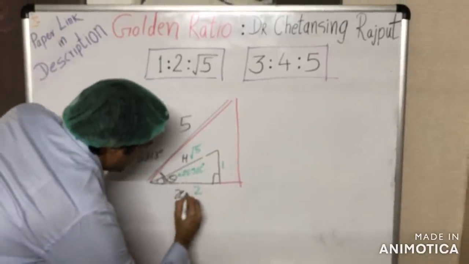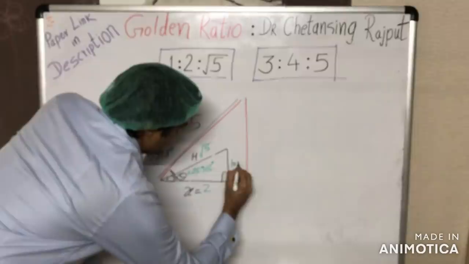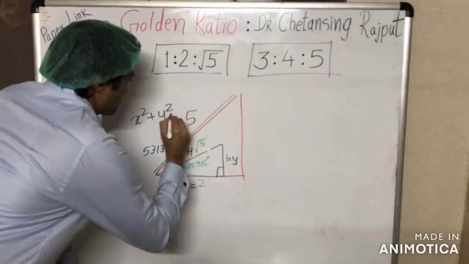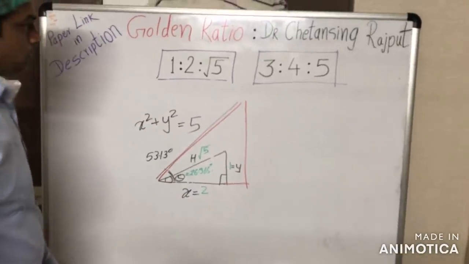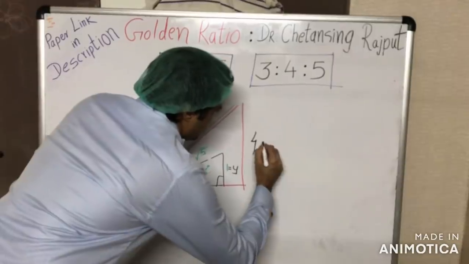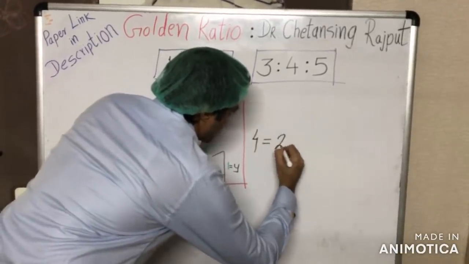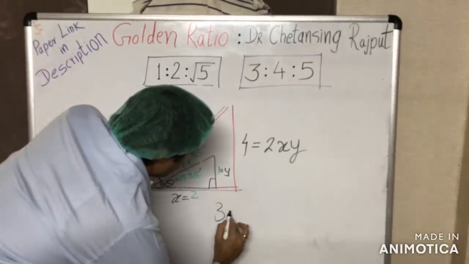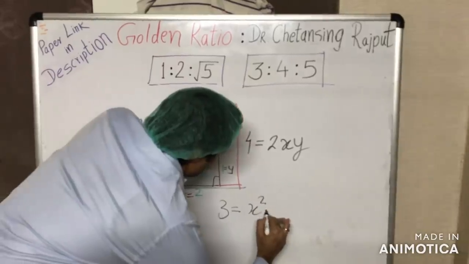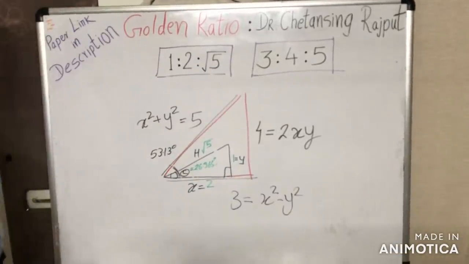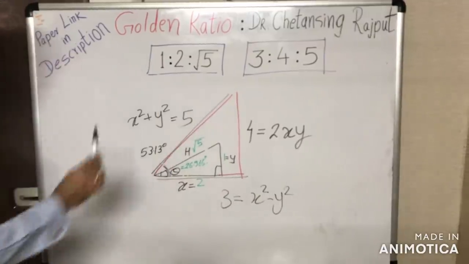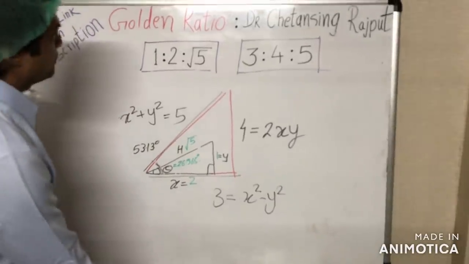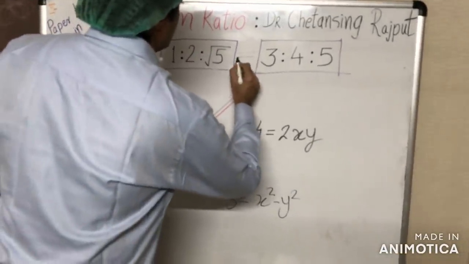If this cathetus is equal to x and this cathetus of the original triangle is equal to y, the hypotenuse becomes x squared plus y squared, which is equal to 5. The cathetus is 4, equal to twice xy, and the other cathetus of the new triangle is 3, equal to x squared minus y squared. Doubling this angle theta, the hypotenuse gets squared, and this is the geometric relationship between these 2 triangles.